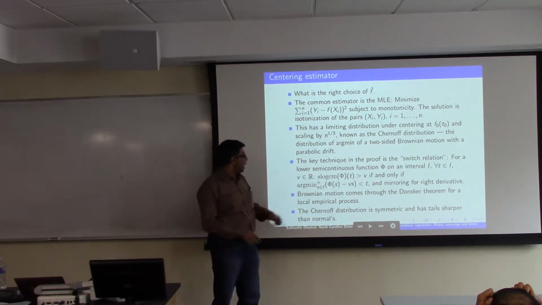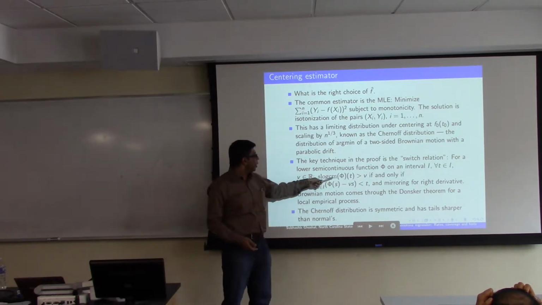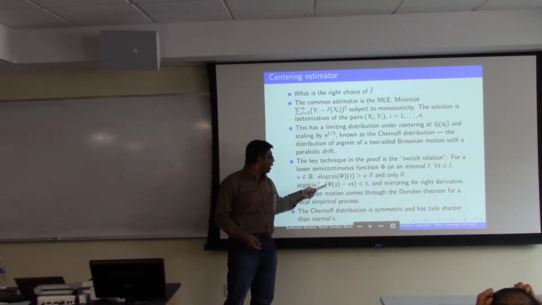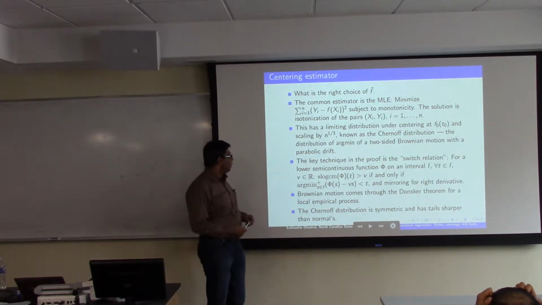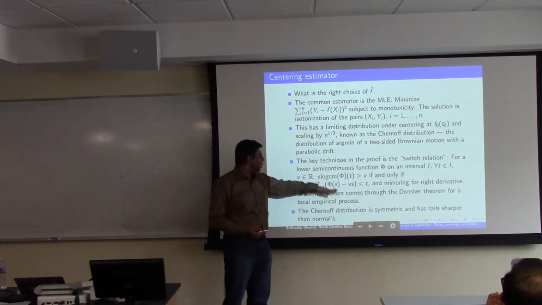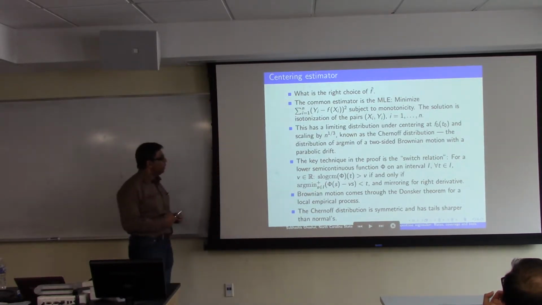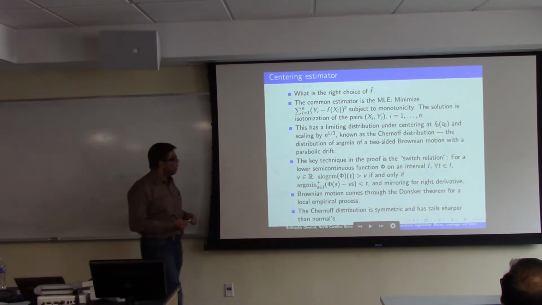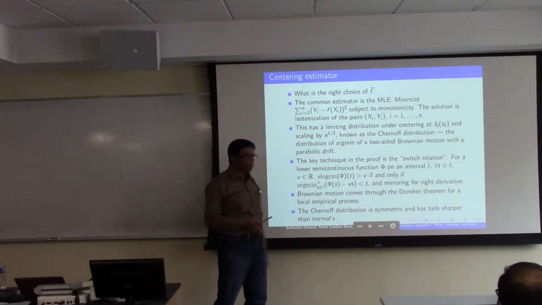So these two you connect. Basically, you write this probability as some kind of functional of this process, which is a local empirical process, and then you have a Donsker theorem that gives you a Brownian motion in the limit. So that comes from there.